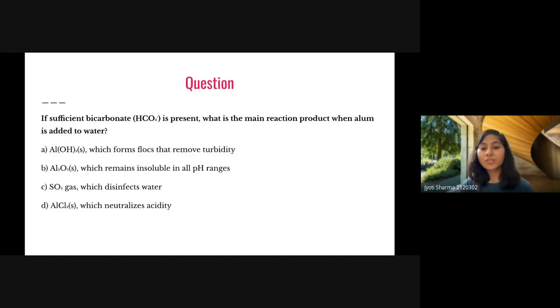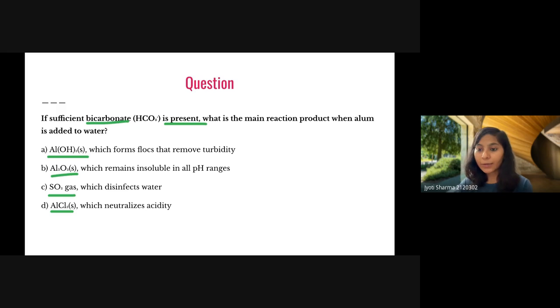Okay, but there are some conditions when to use alum, or what should be the proper condition. Only in that condition can we use alum. We should have sufficient bicarbonate in the surface water, then only can we use alum. If we do have sufficient bicarbonate present in surface water, what is the main reaction product when alum is added to water? We have aluminium hydroxide, aluminium oxide, sulfur oxide, and aluminium chloride.